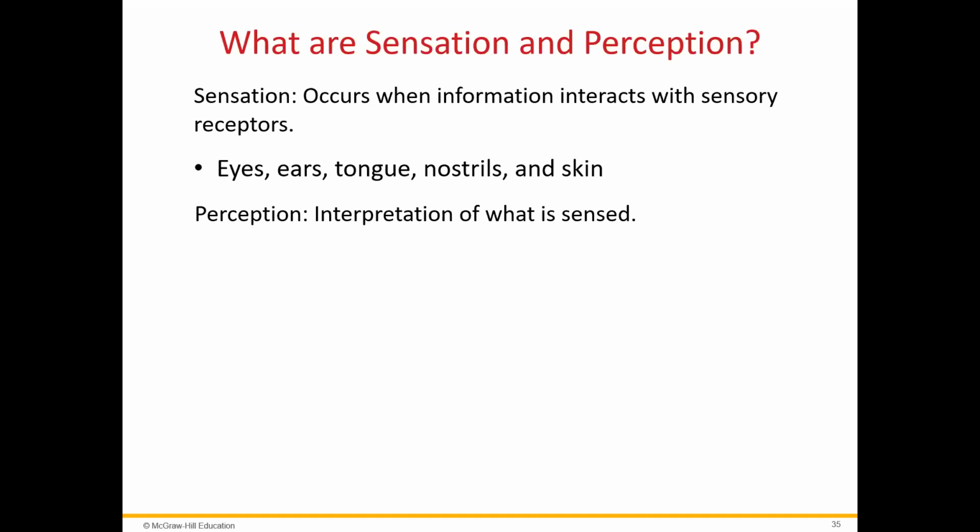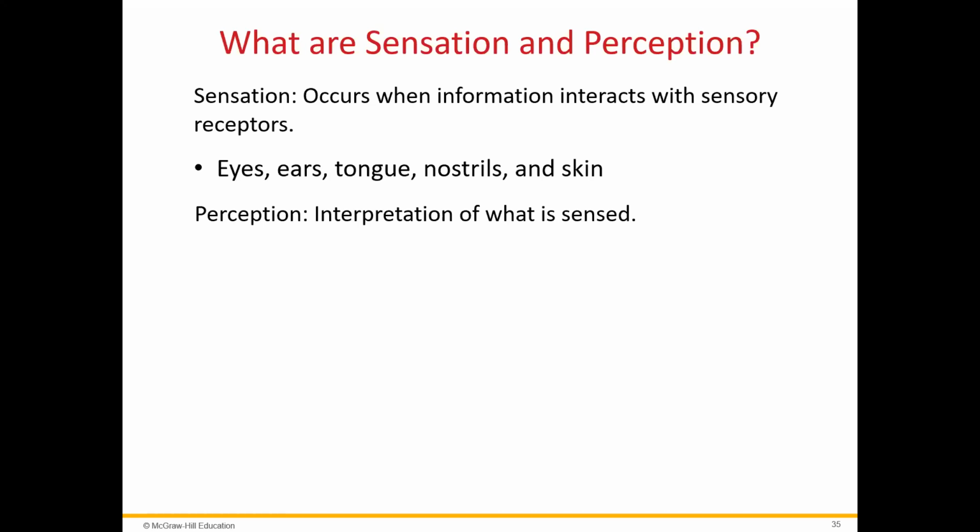That's where perception comes in. So these neural impulses that the sensory receptors have all produced get analyzed in our various sensory cortices, like your visual cortex and your auditory cortex, and when they're analyzed, that perception occurs, and you interpret what you have sensed, what that raw data is.